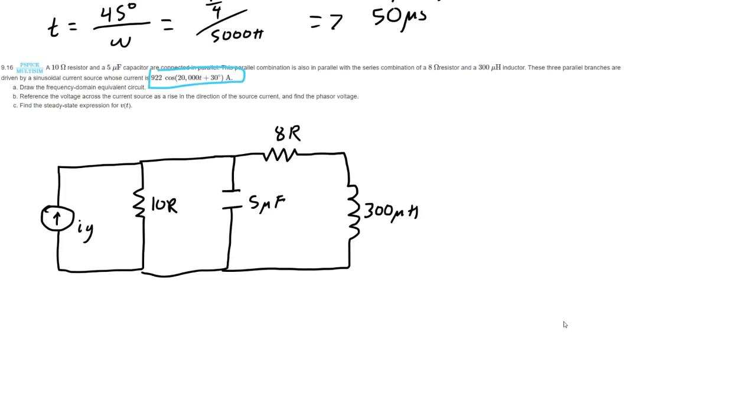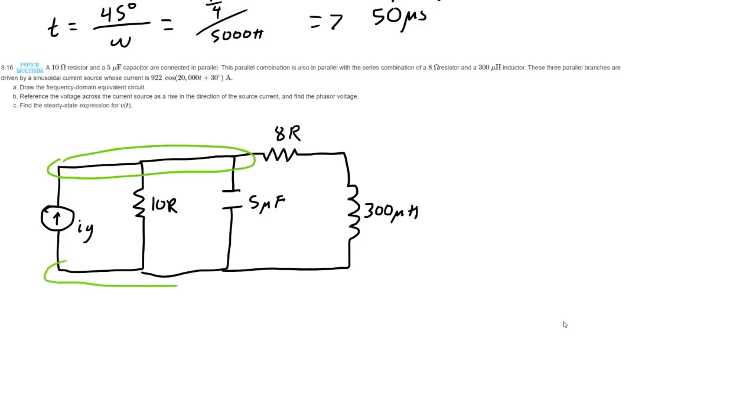So the first thing was to draw the frequency domain equivalent circuit. And now we're going to find the voltage across the current source because of the source current and the phasor voltage.